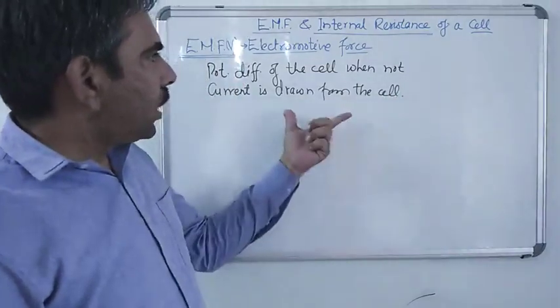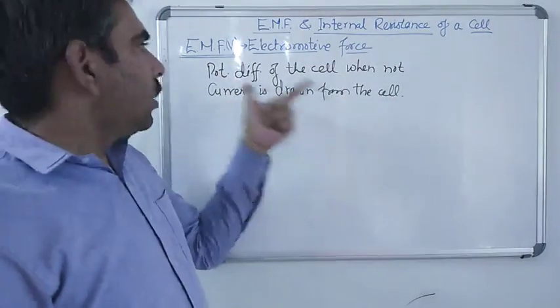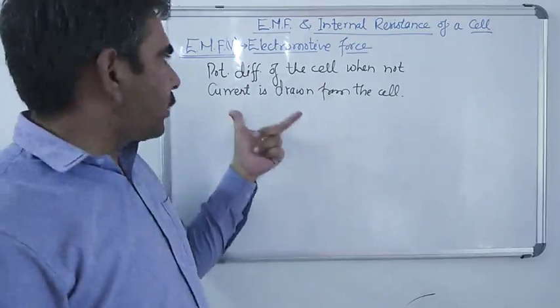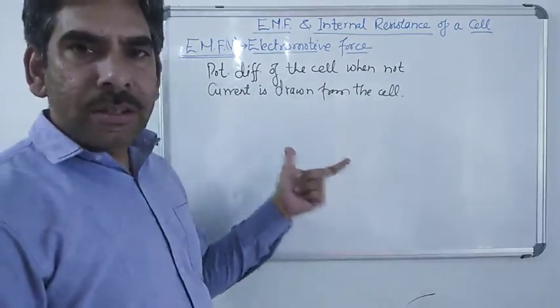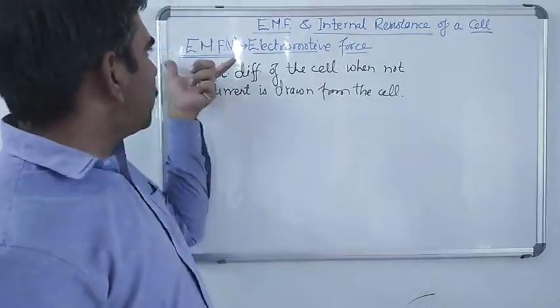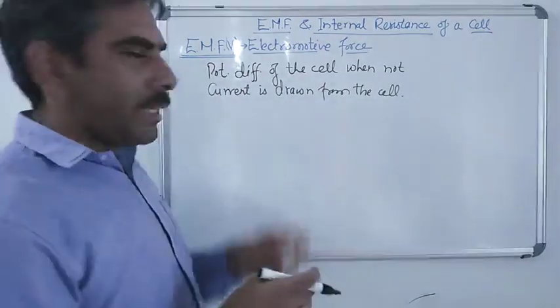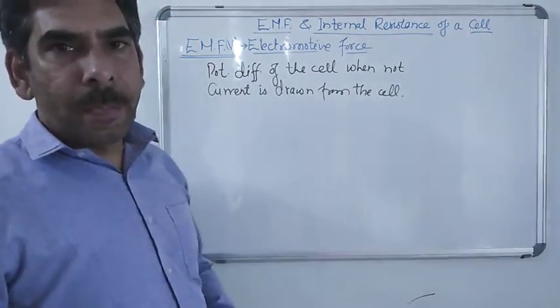Whatever the potential difference across the two terminals of the cell is then the maximum one, and it is given the name electromotive force, or in short the EMF of the cell, right?